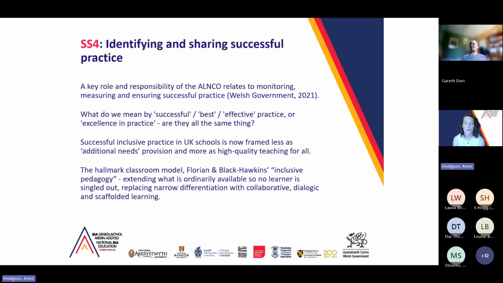Florian and Black Hawkins' inclusive pedagogy model really underpinned this idea of high quality teaching for everybody.